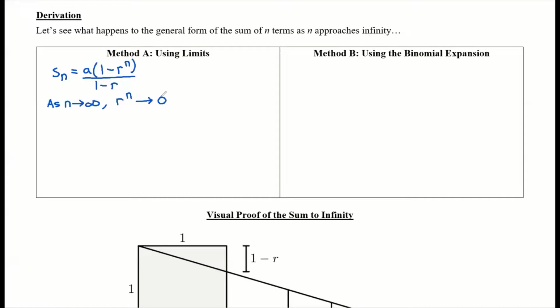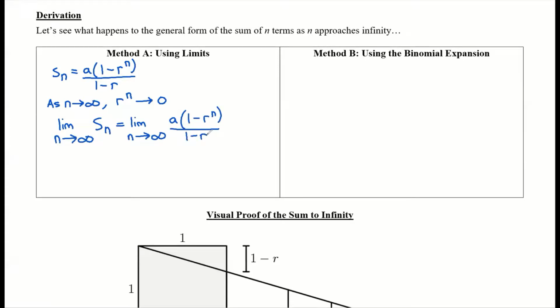But that's the behavior. When you raise your r to the power n, it seems to approach 0. So if we apply this, the limit as n approaches infinity of our sum is equal to the limit as n approaches infinity of a multiplied by 1 subtract r to the n over 1 subtract r.